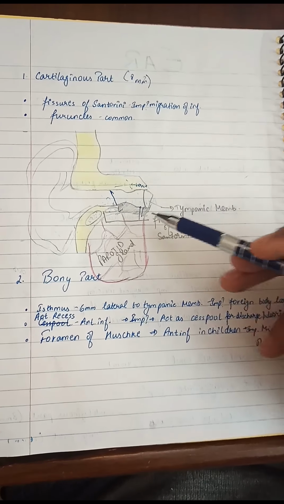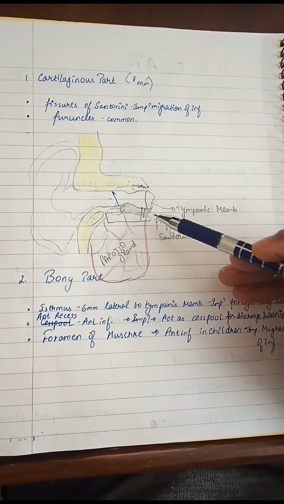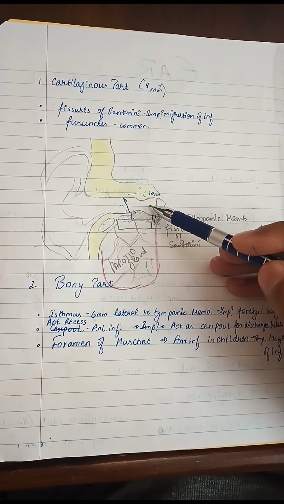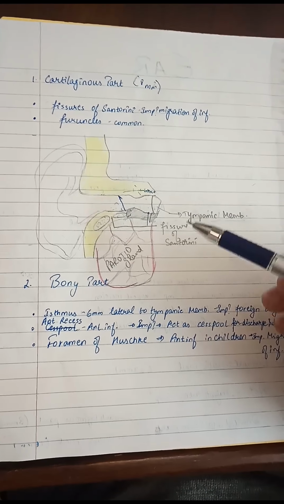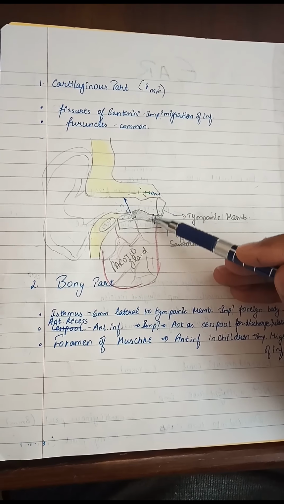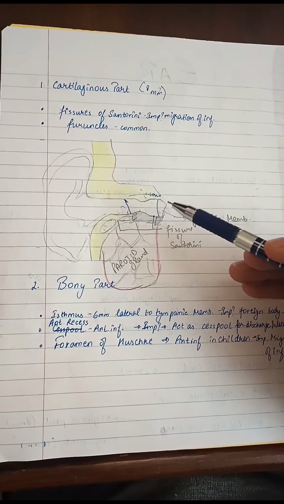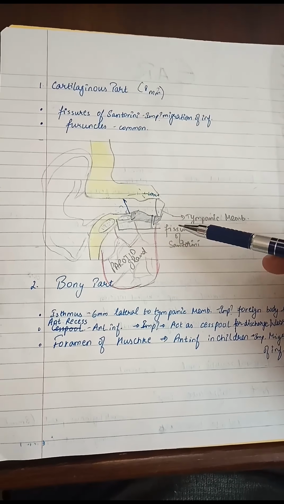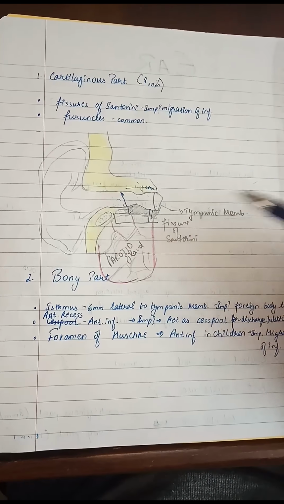This deficient part is called the foramen of Huschke. Due to this foramen of Huschke, the infection of the external acoustic canal can migrate into the parotid gland, because there is a deficiency of the bony part. So this is the importance of the foramen of Huschke.